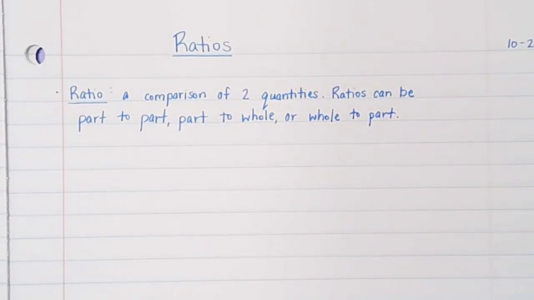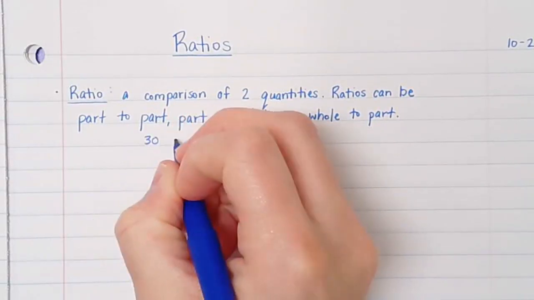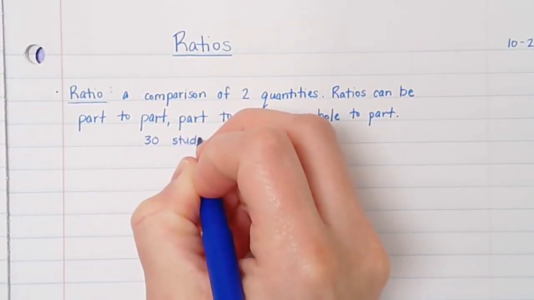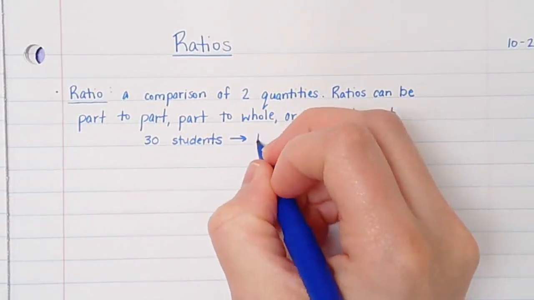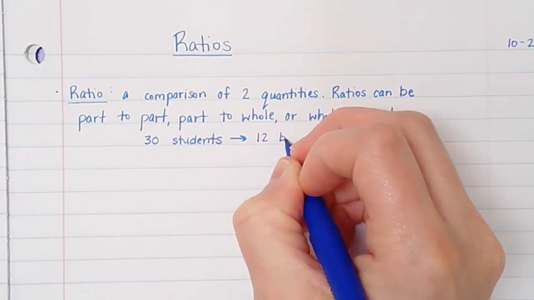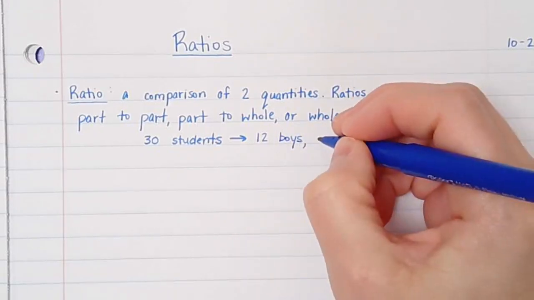Alright, so what in the world does that mean? Obviously it says a comparison of two quantities. So I'm comparing two things. So for example, boys and girls. If we have 30 students in the class, and let's say that 12 are boys, then of course that leaves 18 to be girls.